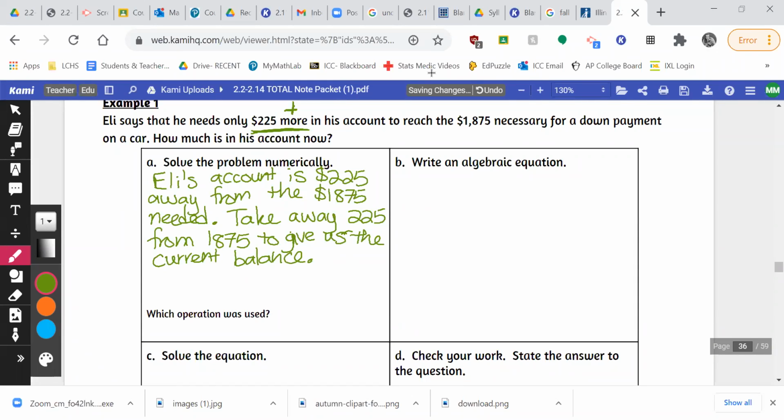So to find out his current balance, we would just take away 225 from 1,875, and we would get $1,650. So to solve it, we used subtraction.